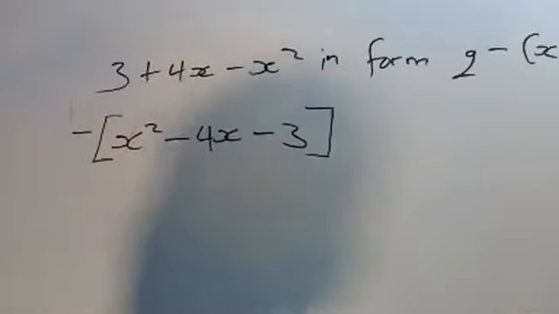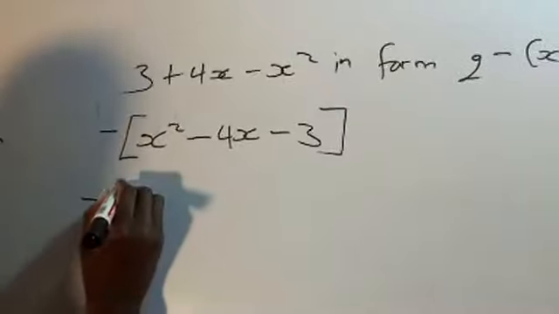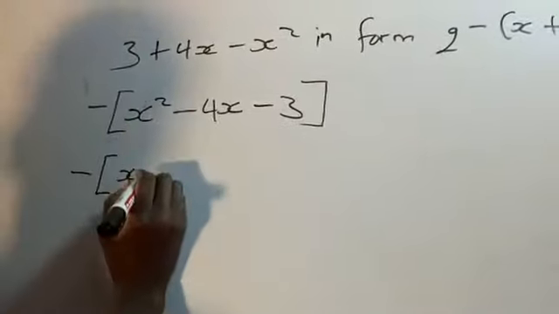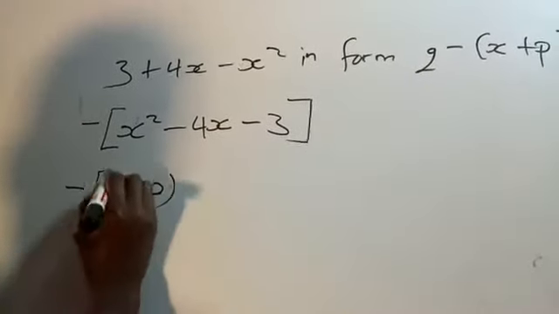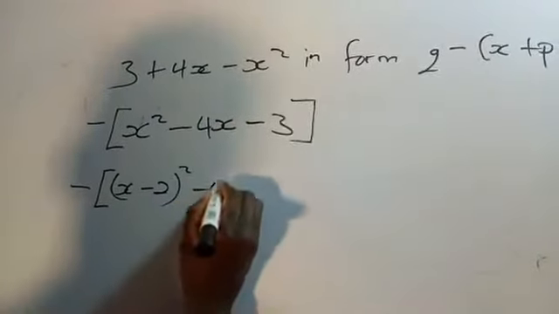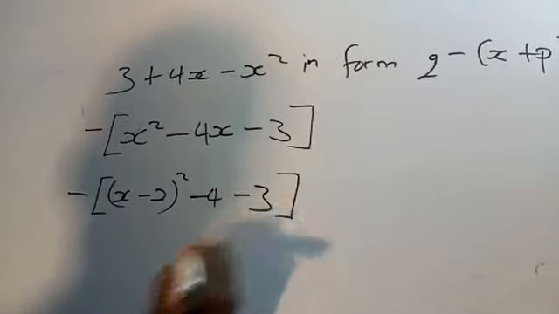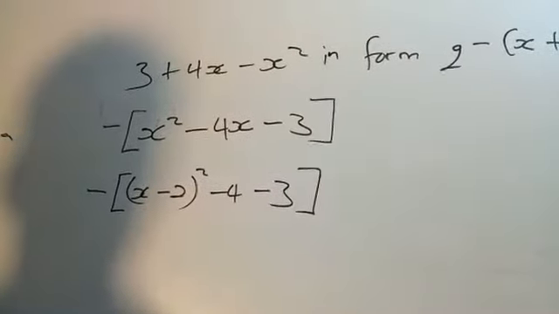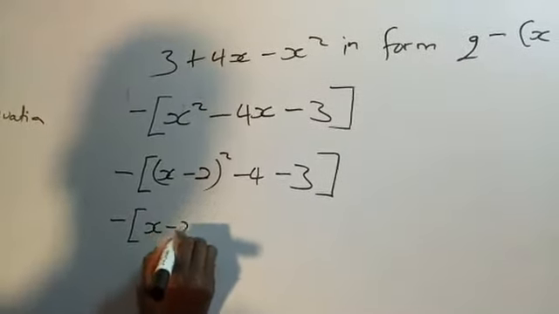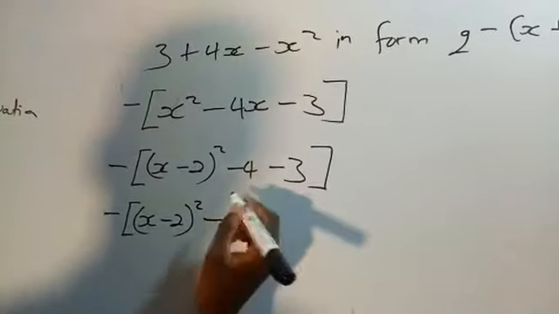By completing the square, we get negative outside the brackets, x minus 2 squared minus 4 minus 3, getting negative outside, x minus 2 squared minus 7.